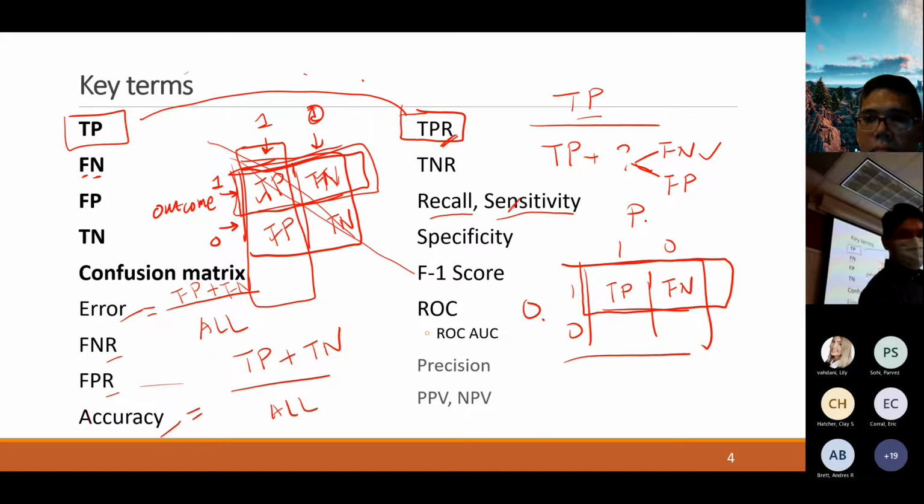We want to identify them, right? And the efficacy of our identification system is defined by recall. So let's say there are 50 among 10,000. It's a low percentage. It's hard to guess.